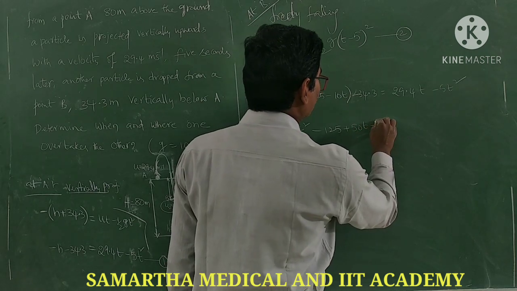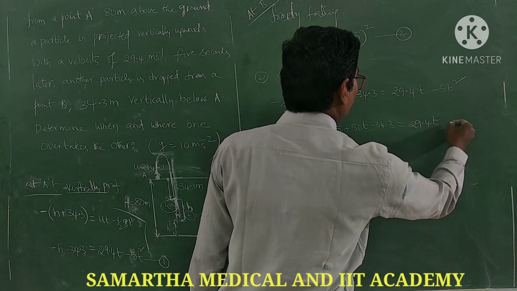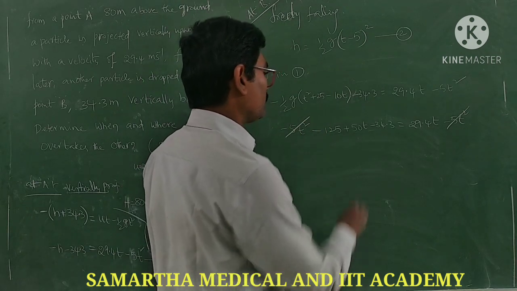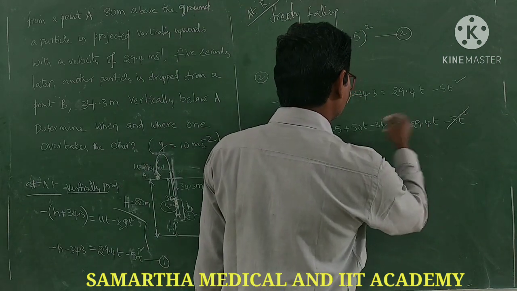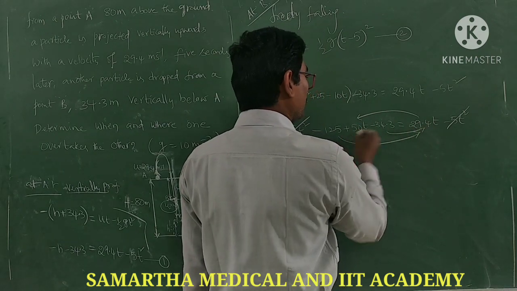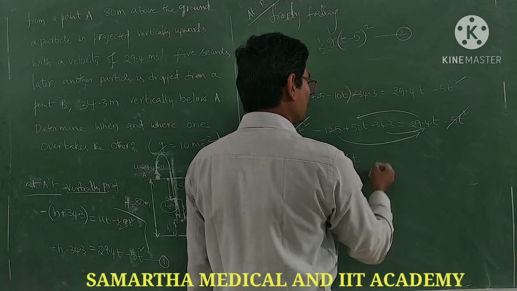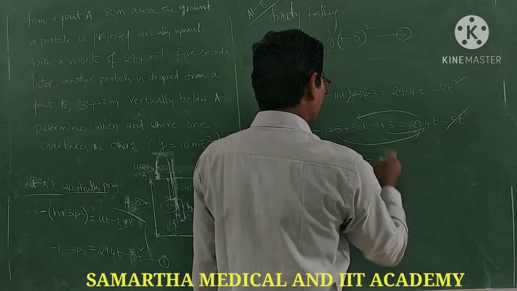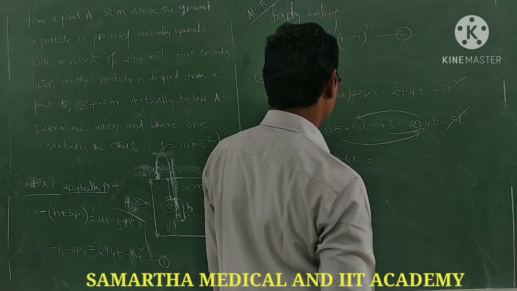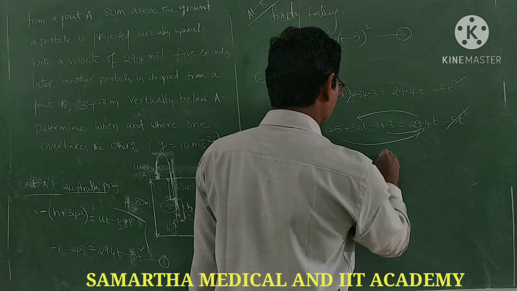So 50t minus 34.3 is equal to 29.4t minus 5t square. Minus 5t square and minus 5t square cancel. You will get only t terms to one side, remaining terms to the other side. So what is this? 50 minus 29.4, 20.6t is equal to 125 minus 34.3, that is, adding, 159.3.